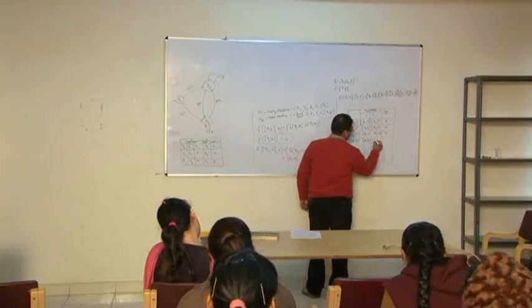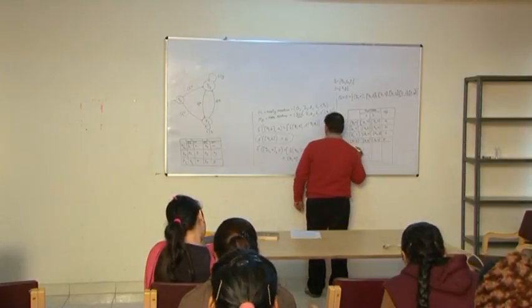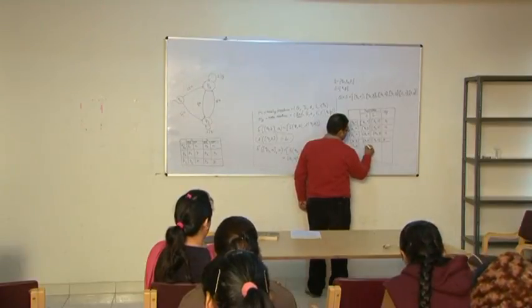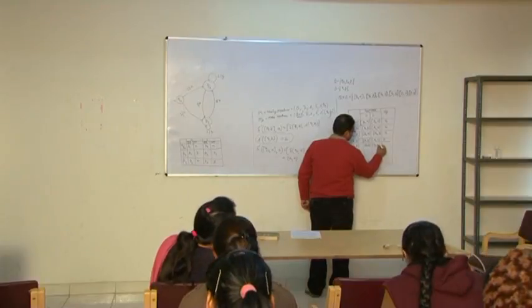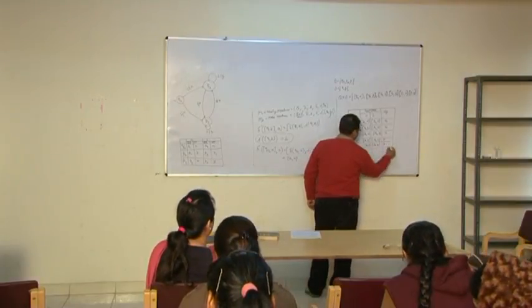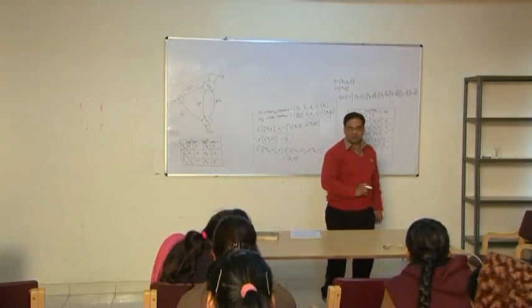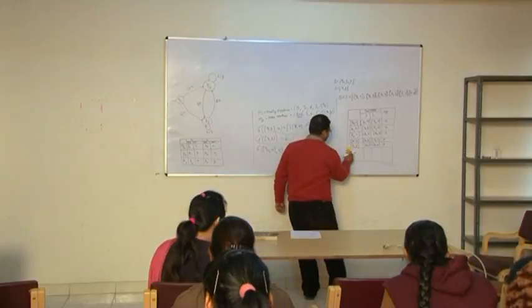P1 N, output is Y. Next, P1 Y, P node N, P1 Y, output is Y. Next. Done. Any more state left? Explore.